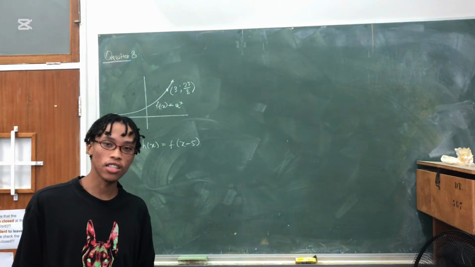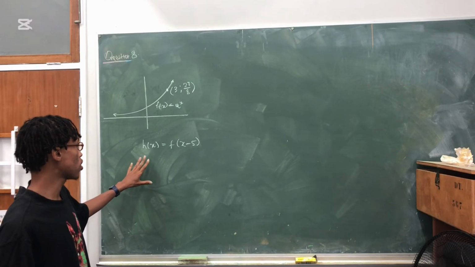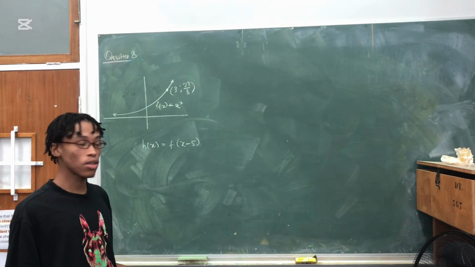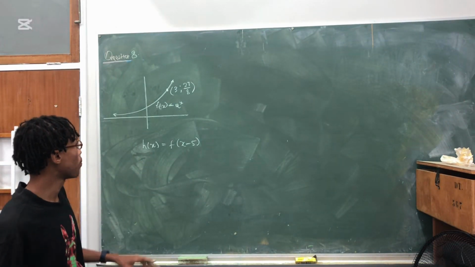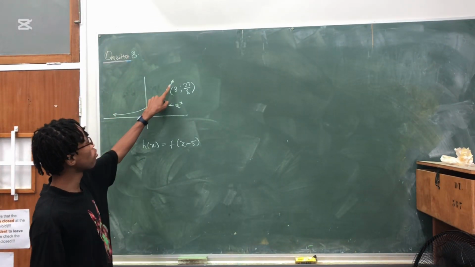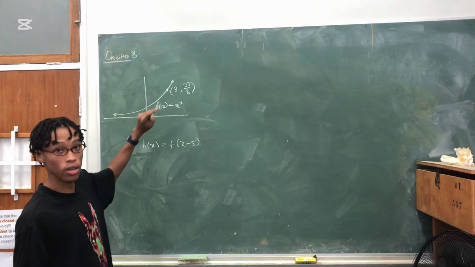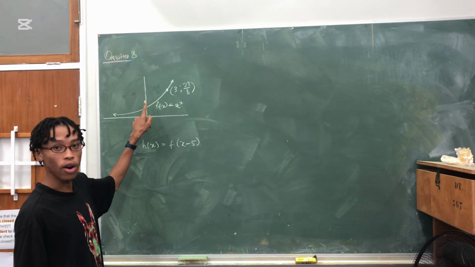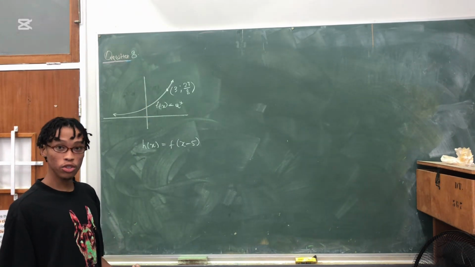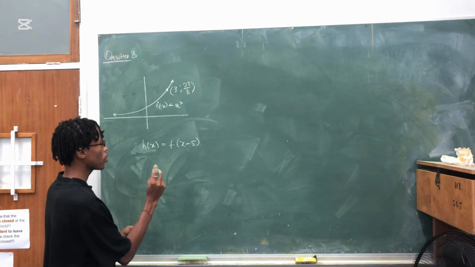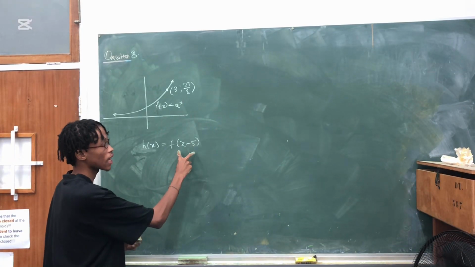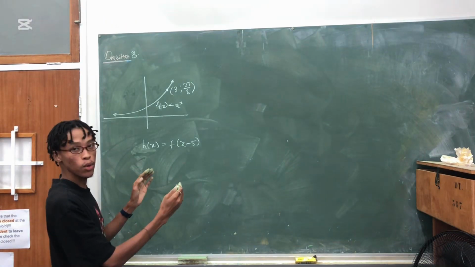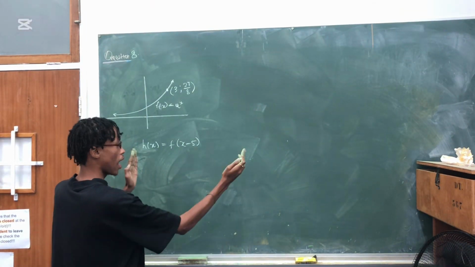The fourth question is asking if h of x, the new function, is equal to f of x minus 5, what is the domain of h of x? Now, remember, this is our f of x, the original function. H of x is just the transformed version of f of x. But what kind of transformation are we looking at? Because the transformation occurs within the brackets, this means that we're moving the graph horizontally, either left or right.